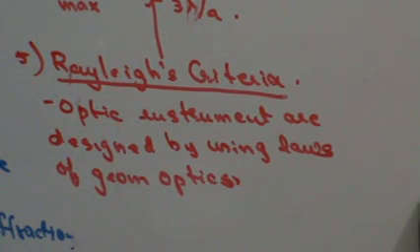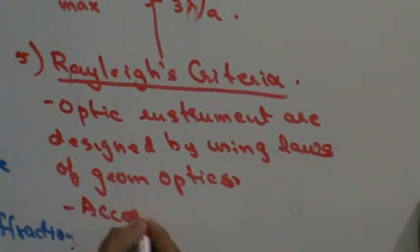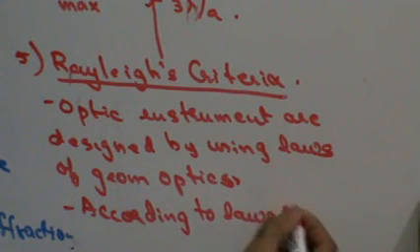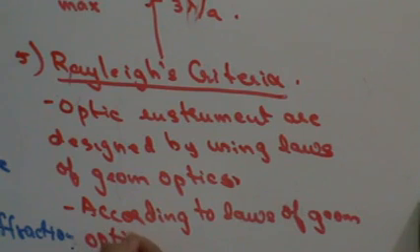According to these laws, the image of a point should be a point. So according to laws of geometric optics, the image of a point object should be a point.